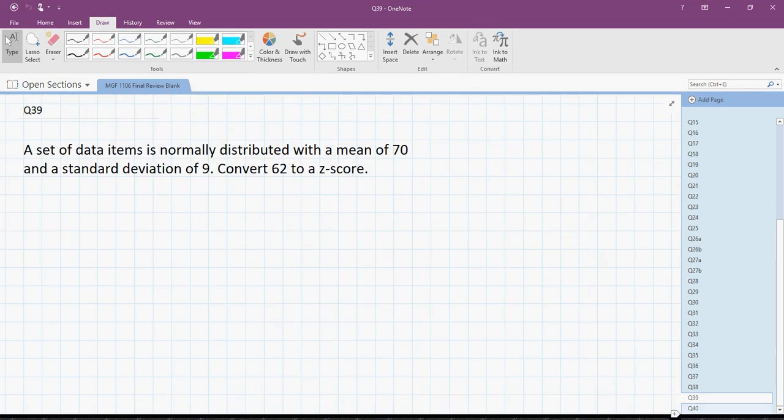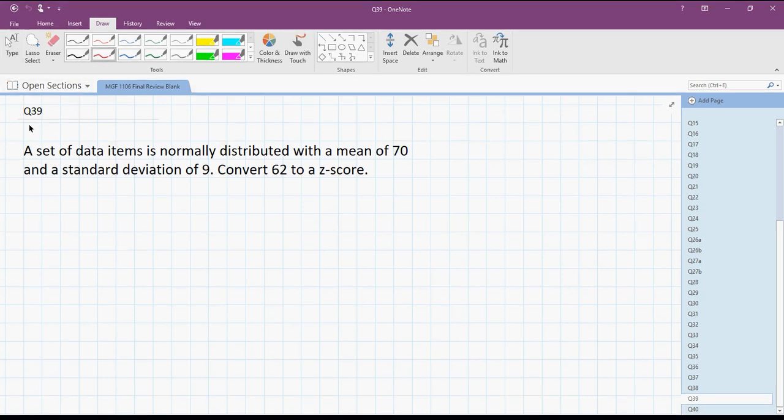All right, 39. So they want you to find a z-score for both of these last problems. What is the formula for finding the z-score? These last 2 problems are all about finding the z-score. How do we do that?